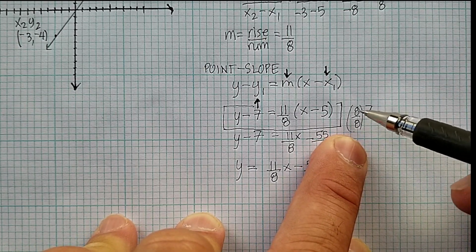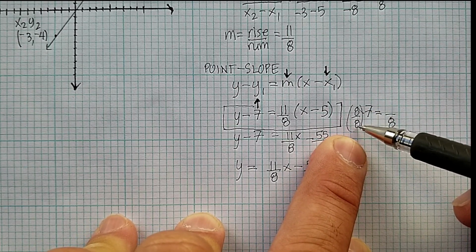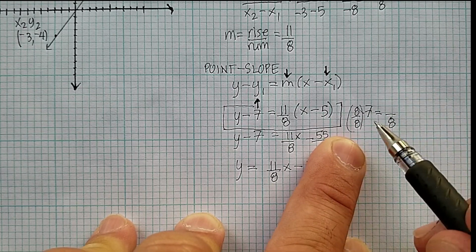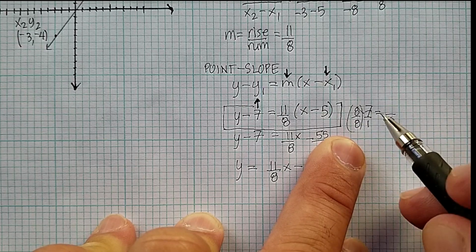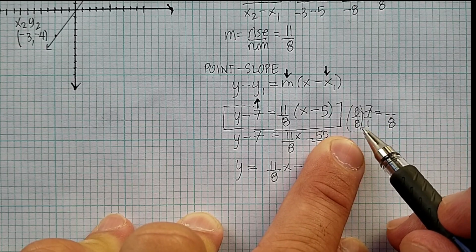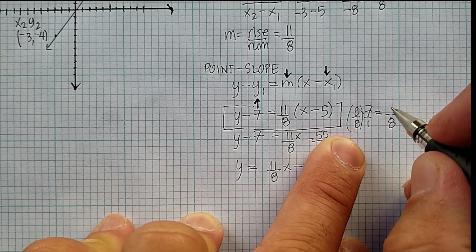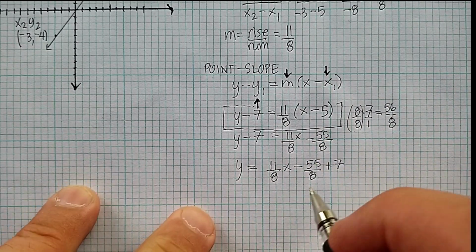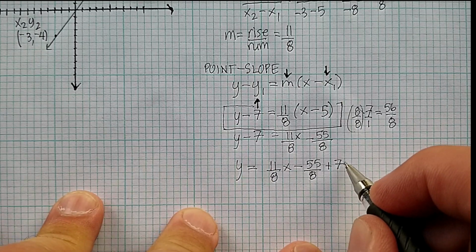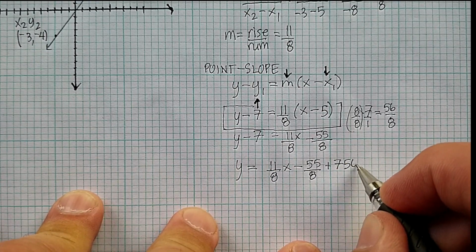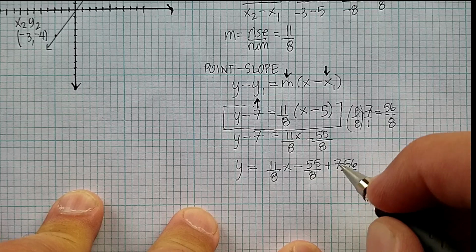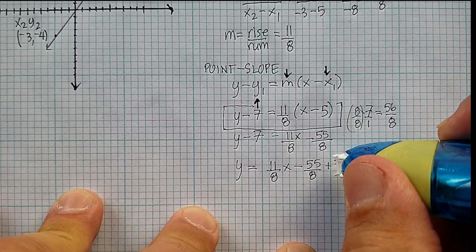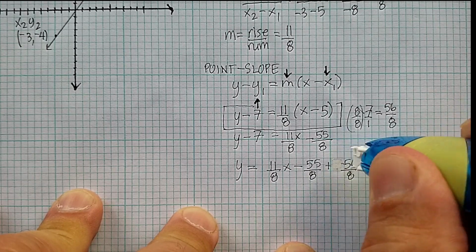Whenever you multiply some number by 1, you're going to change the form of it, but not the value, the quantity. So 8 over 8 times 7 over 1. 8 times 1 is 8. 8 times 7 is 56. So now I can change that 7 to 56 over 8.